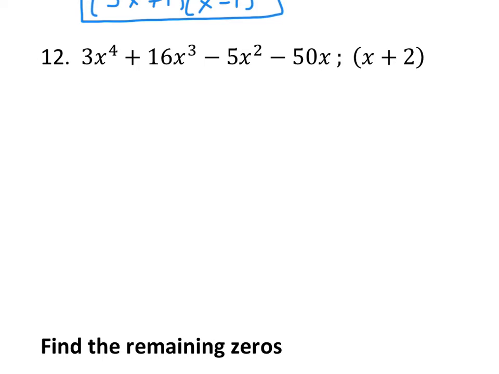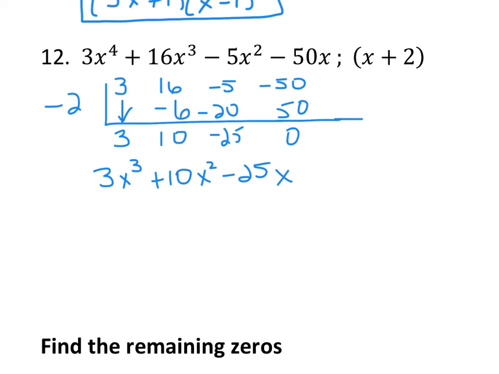All right, for problem 12, we have a new situation, and I want to cover that just briefly with you. I'm not going to complete the whole problem. I'm going to let you do that. But I do want to set this up and show you what happens. Okay, so I did the synthetic division and I ended up with this polynomial 3x cubed plus 10x squared minus 25x.